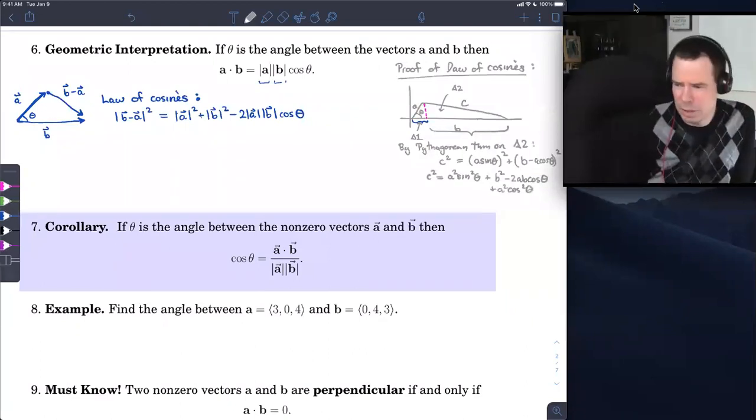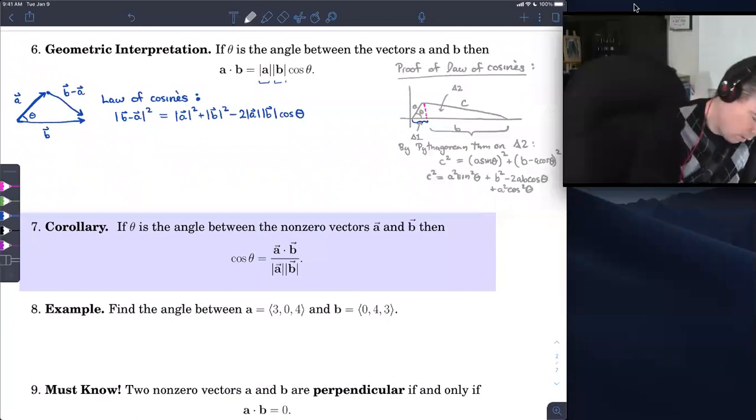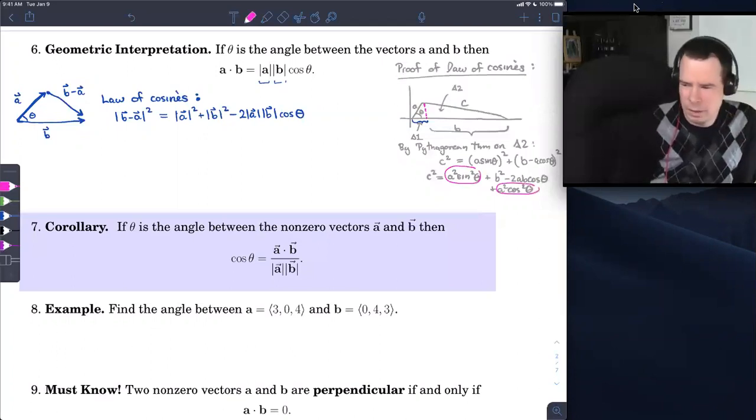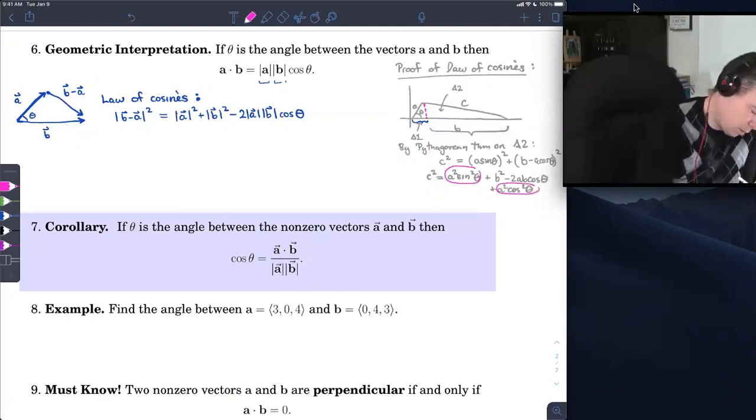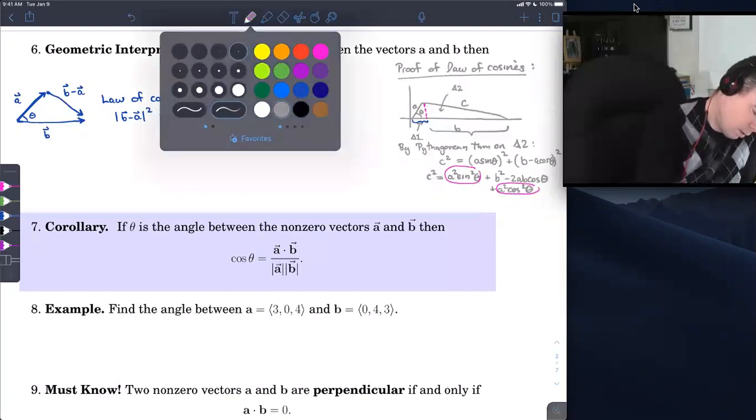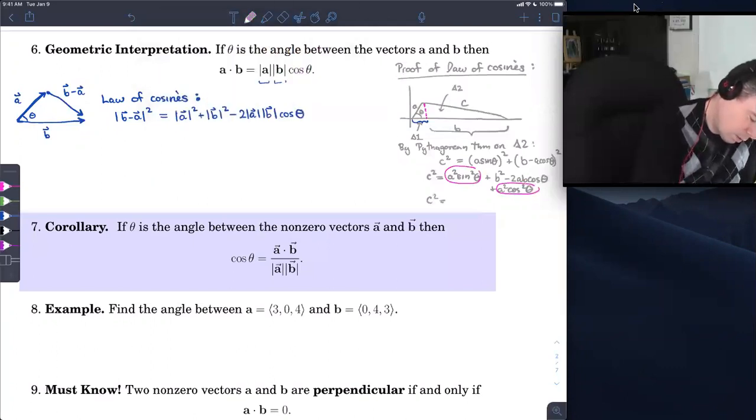So that's just expanding everything out. And now I notice that this term and this term add together, and we get a squared sine squared plus a squared cos squared, so that's equal to a squared. So this becomes c squared is equal to a squared plus b squared minus 2ab cos theta. And so there is our proof of our law of cosines.